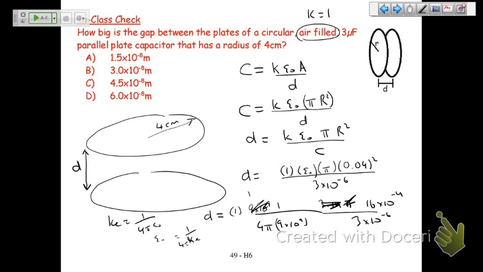So my pi's go away. And so this equals 16 times 10 to the minus 4 over 12 nines, 108 times 10 to the 3, which equals about 0.16 times 10 to the minus 7, which is going to equal about 1.6 times 10 to the minus 8.